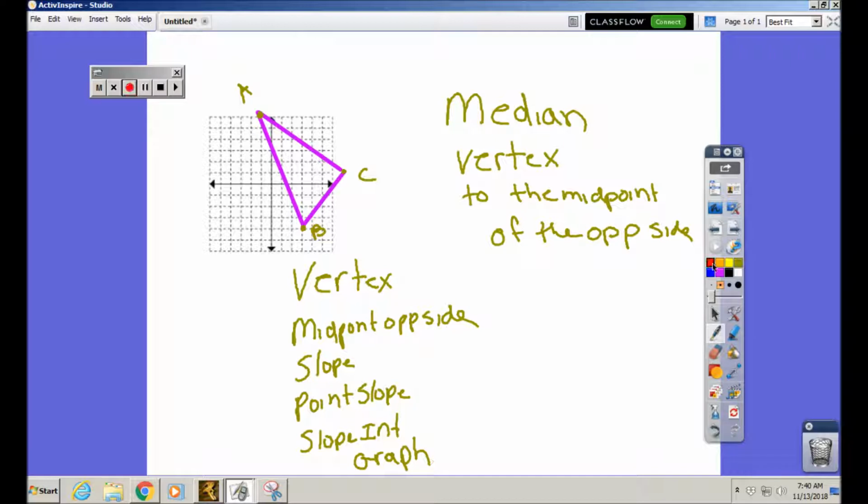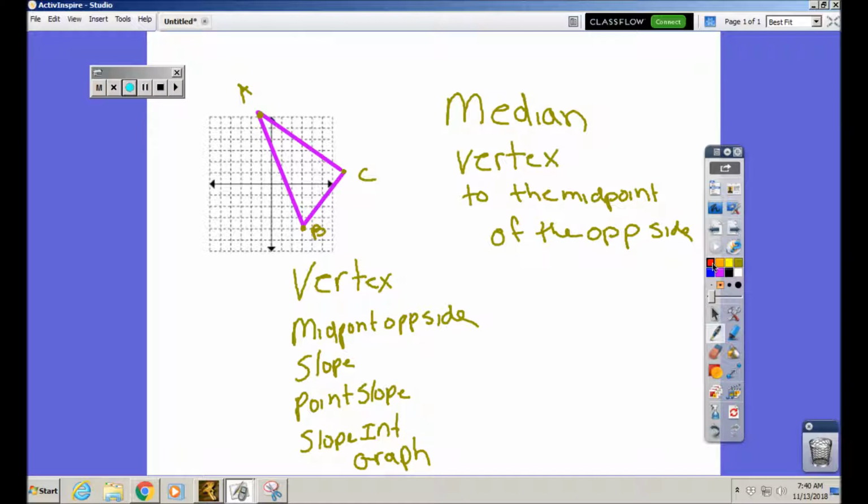I'm going to do vertex A first. So, how do I find the coordinates of vertex A? And the crowd goes silent. How do I know what the coordinates are of that point?